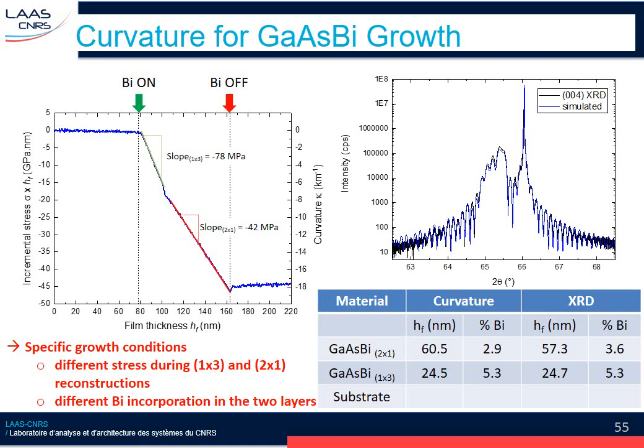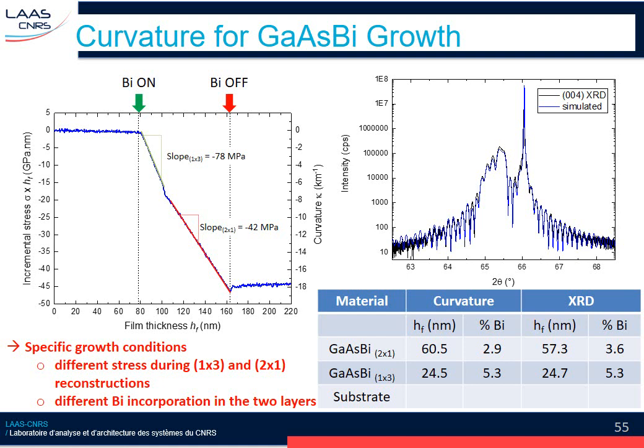Then we did some high resolution X-ray diffraction on this layer around the 004 peak. You can see here the peak coming from the gallium arsenide substrate, and here all these patterns coming from the gallium arsenic bismuth. We did some simulation.